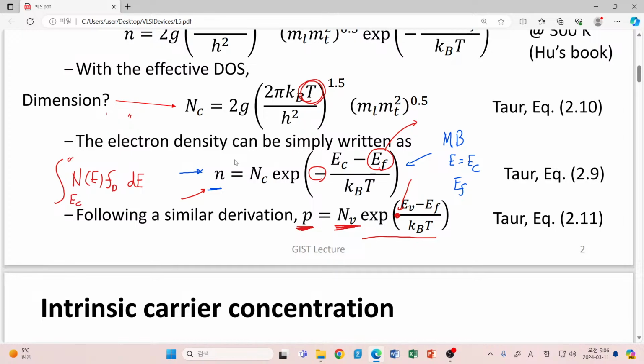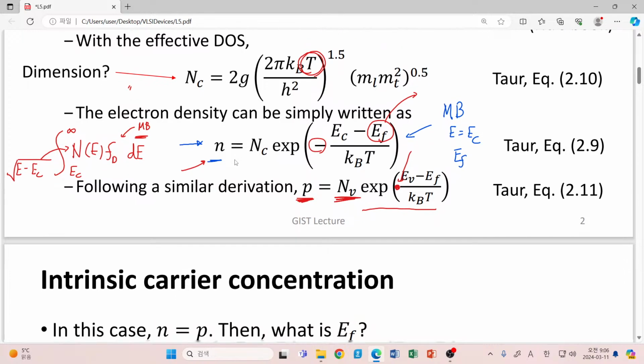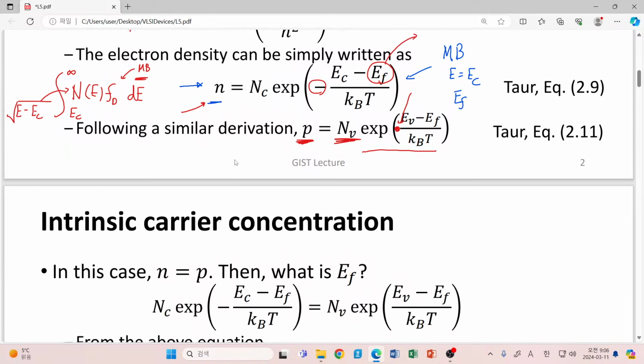However, if we introduce certain approximations for these quantities, for example, the Maxwell-Boltzmann distribution, and a certain energy dependence like the square root of E minus EC, then we can arrive at this simplified expression. In many cases we will just rely on this expression.